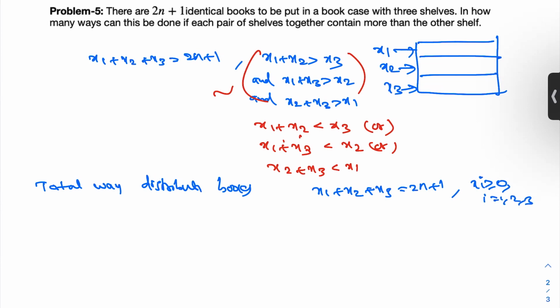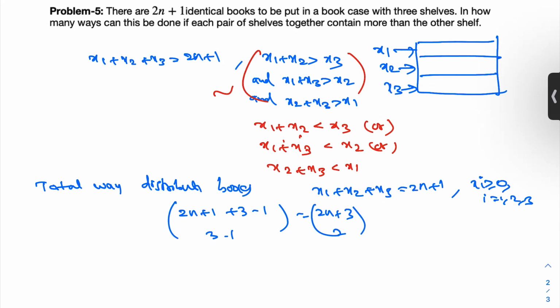Simply the non-negative integer solutions of this equation, that is going to be 2n plus 1 plus 3 minus 1, choose 3 minus 1, that equals 2n plus 3, choose 2. This is the total count.